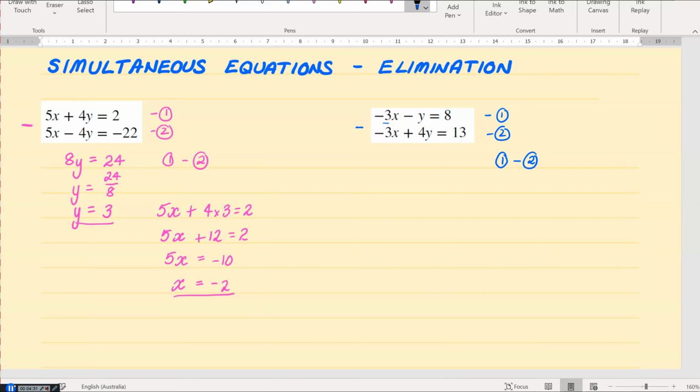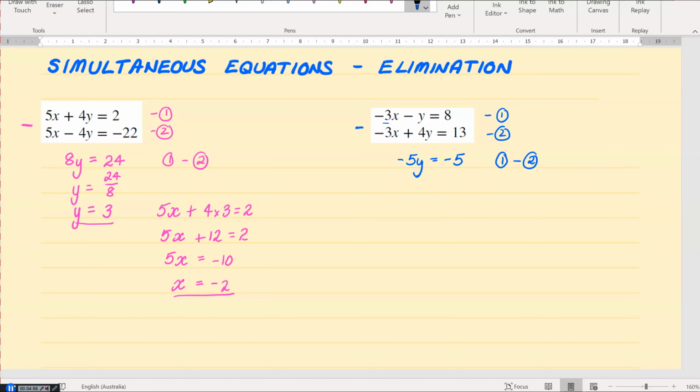So again, put the big minus there. Minus 3 take minus 3. So take becomes plus, and minus 3 plus 3x, no x. Minus 1 take 4. So minus 1y take 4y is minus 5y. And 8 minus 13 is minus 5.